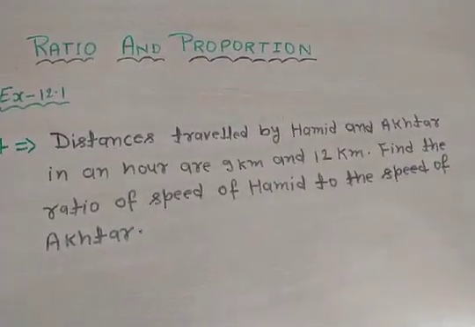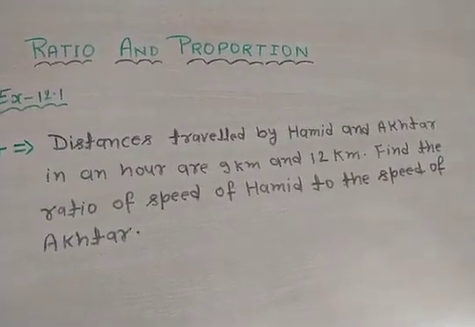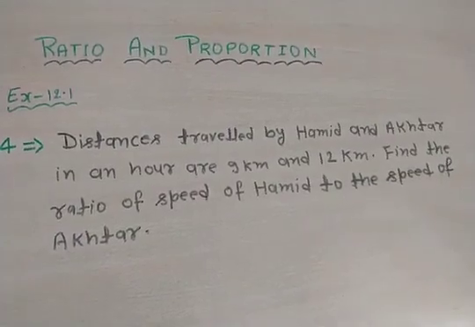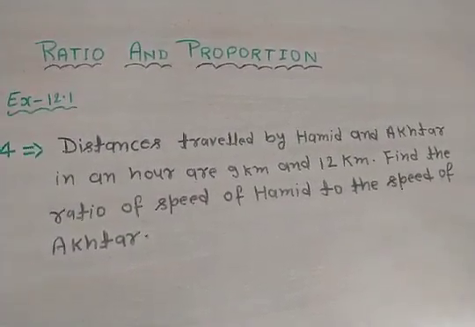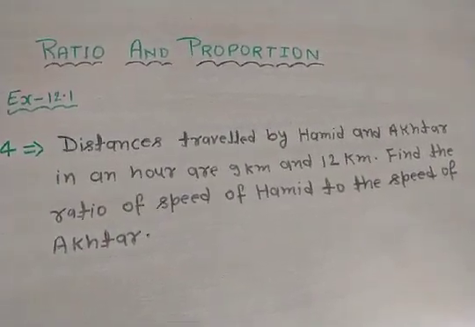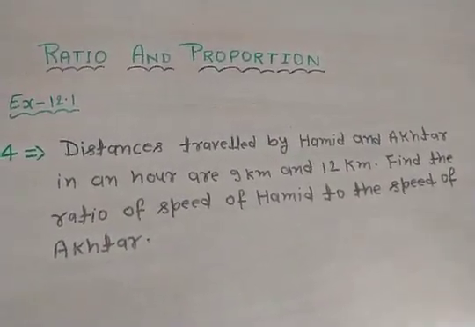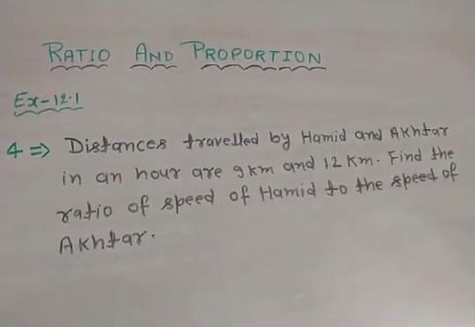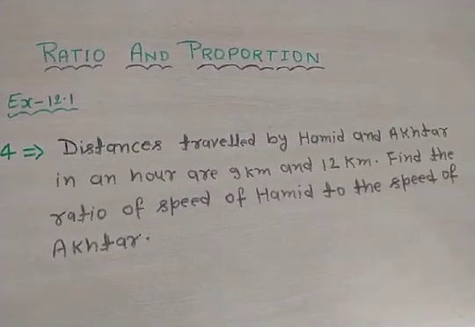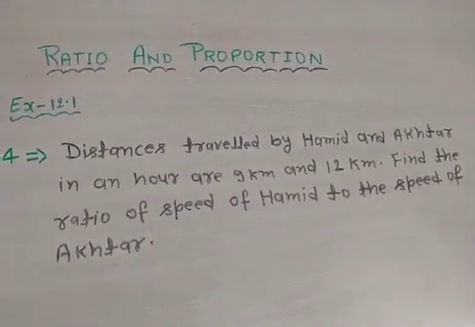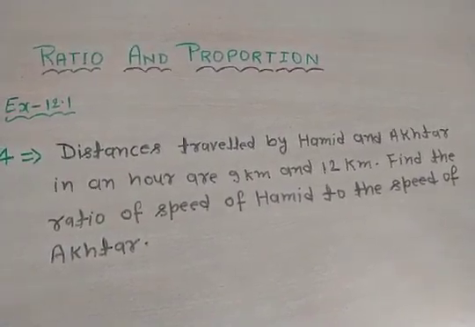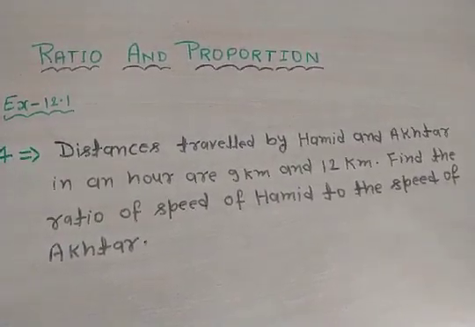So speed is equal to distance upon time. Speed of Hamid is 9 km by 1 hour, which is equal to 9 km per hour. And the speed of Akhtar: Akhtar covered a distance of 12 km in 1 hour, so the speed of Akhtar is 12 by 1, which is 12 km per hour.